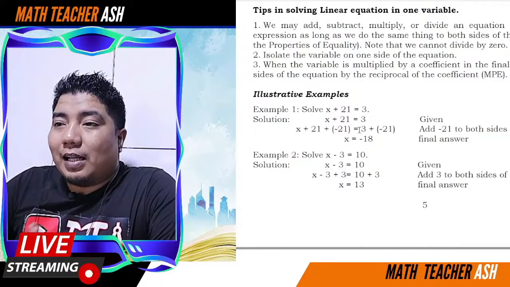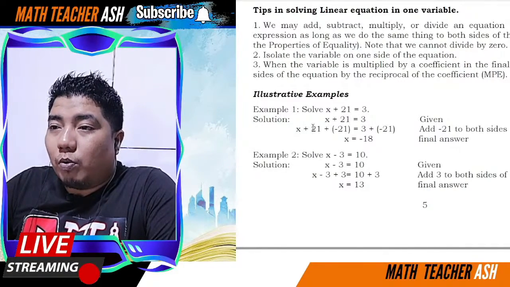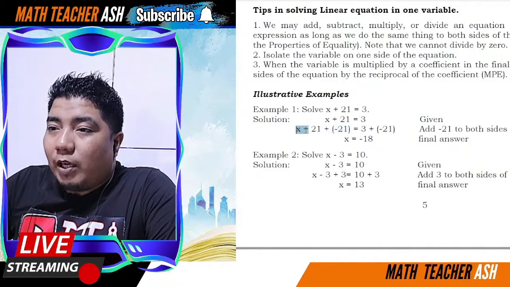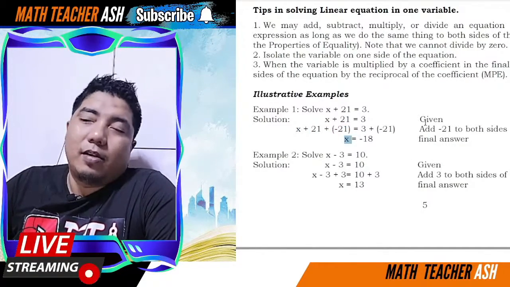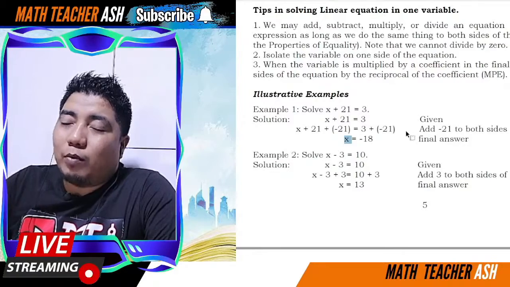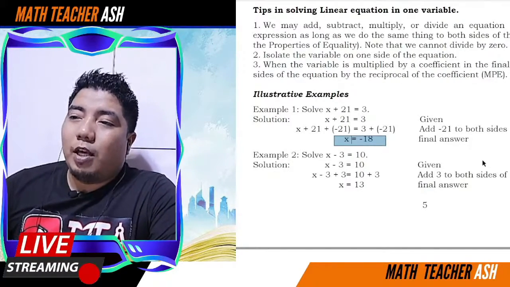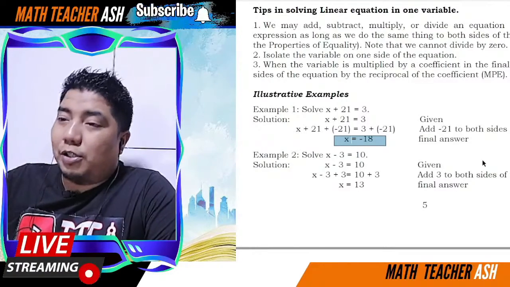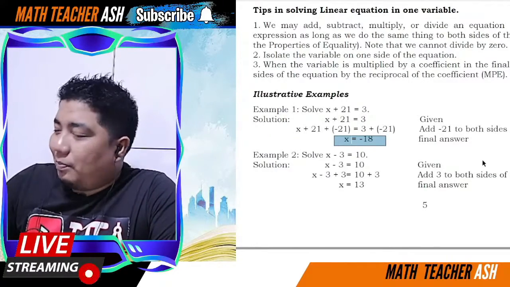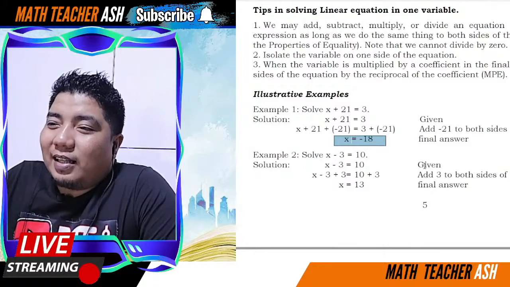So, 21 plus negative 21, this will become 0. Okay? Maging 0 yan. Leaving you X na lang. Okay? So, we have here 3 plus negative 21 and the answer for that is negative 18 and that will be your final answer. Alright? Easy, right? Easy lang talaga, my dear math learners.